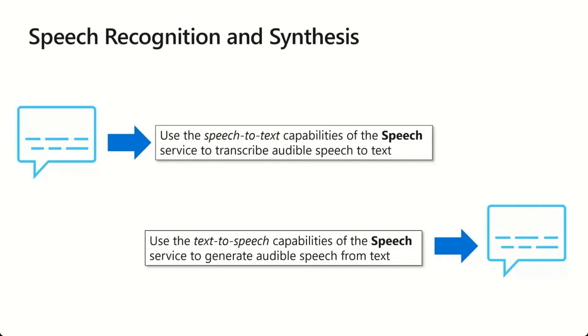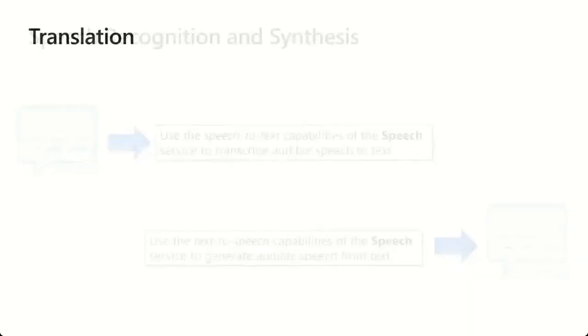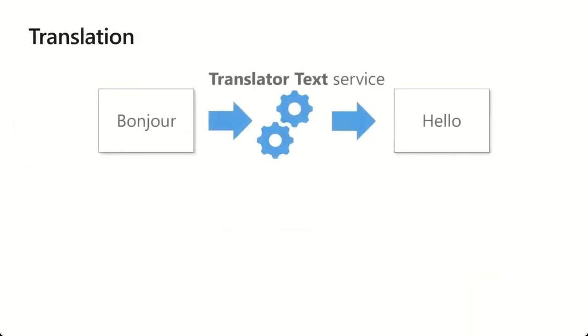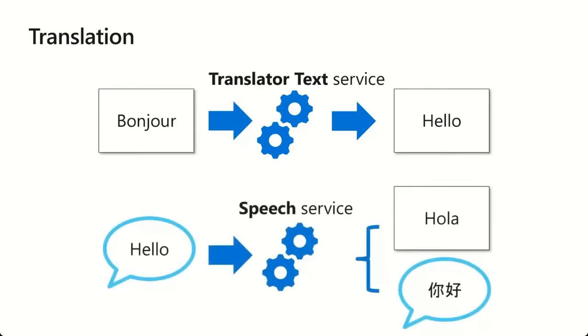That's the other option. So that's really speech recognition and synthesis. Now, when we're talking about translation, the translator text service enables you to translate text between more than 60 languages. So bonjour to hello. And you can also translate audible speech by using the speech service. And then it has the ability to produce translated output in text or audio format. So you say hello and you get hola in return.